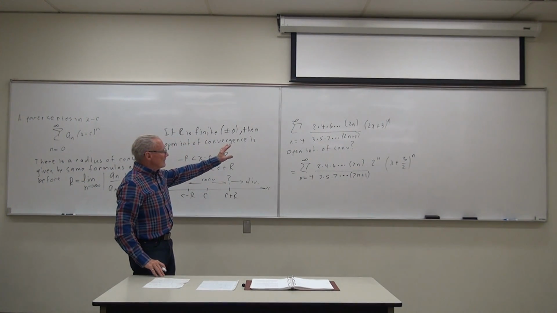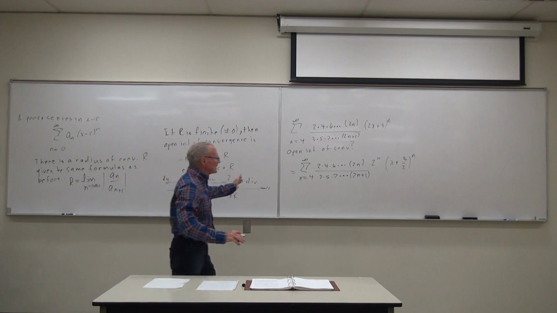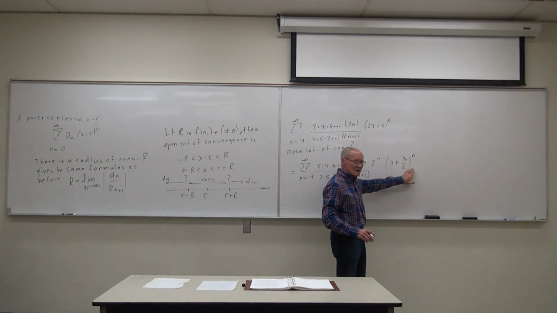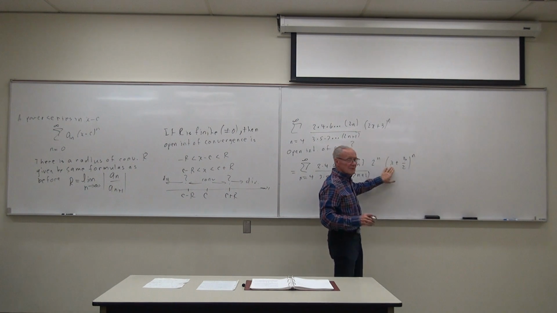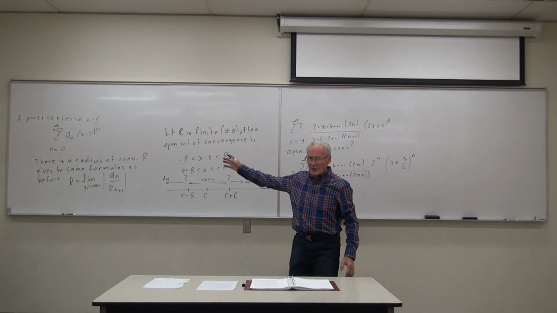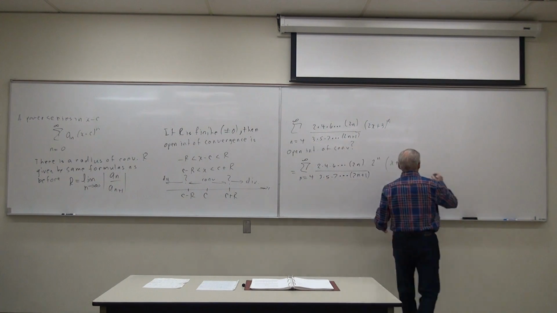Some people like to put y equal to x plus 3 halves, but you don't have to do that. As long as that 2 is not there, you can simply say that's an example of what we're talking about here. We have the same R formula.